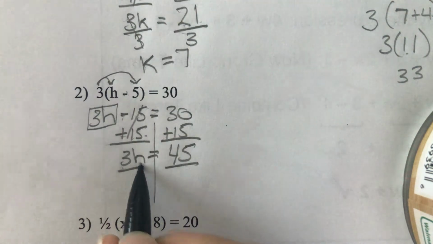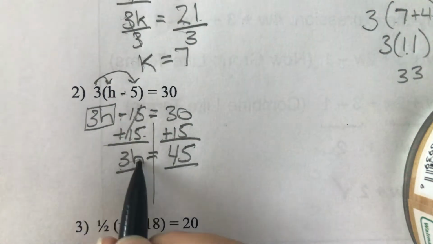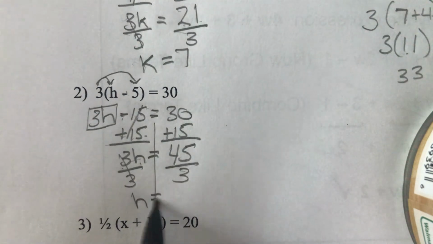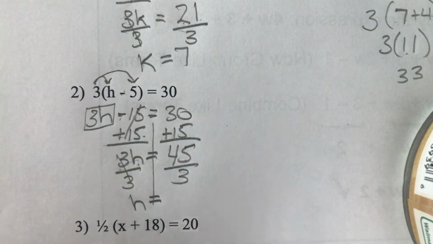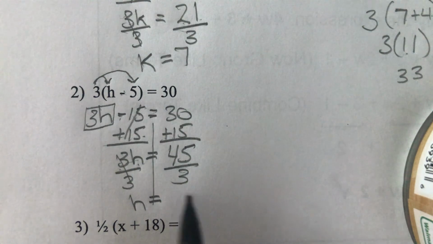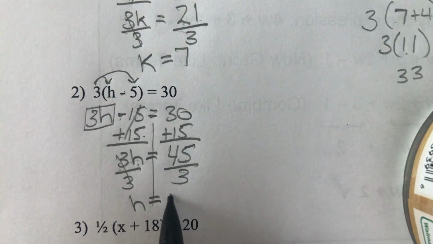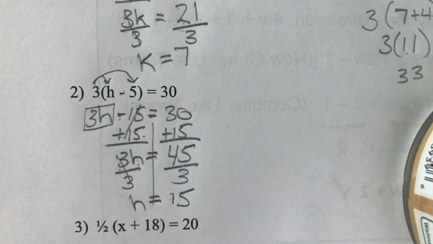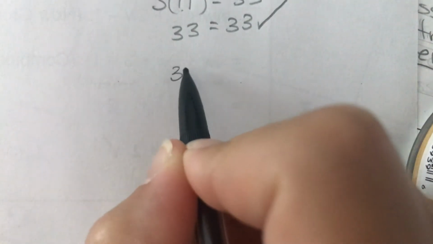3 times what is 45? I do the opposite of multiplication, I divide. And 45 divided by 3 is 15. Let's check it. I'm rewriting the original.